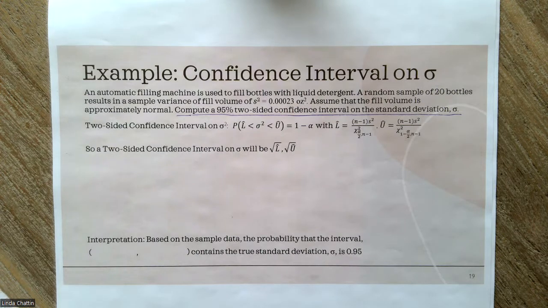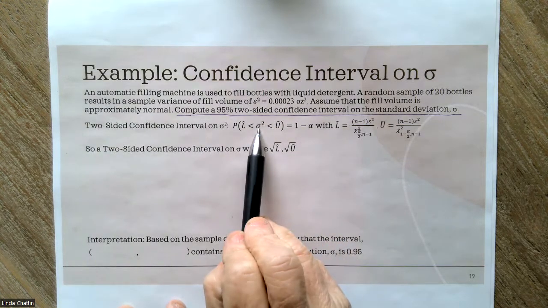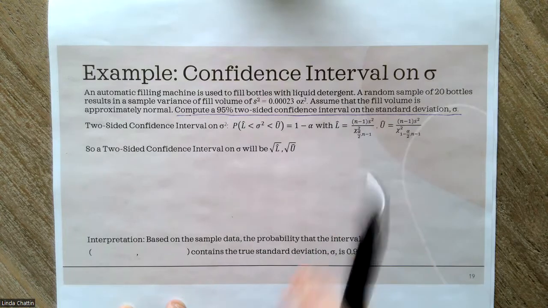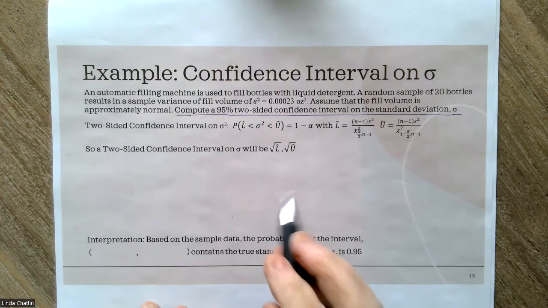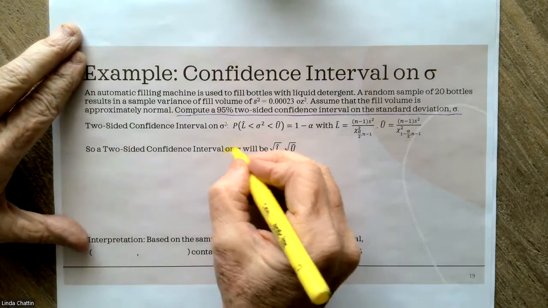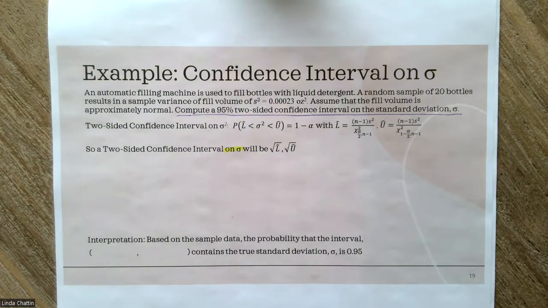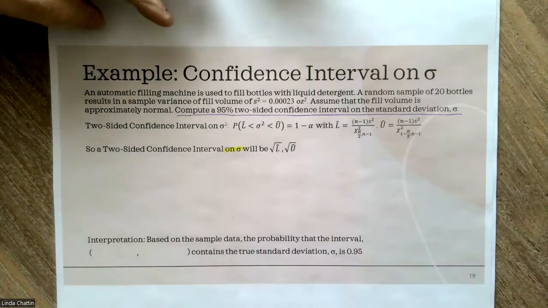Okay, so what we want here is a two-sided 95% confidence interval on the standard deviation sigma. I have formulas for the confidence interval on the variance, right here. But to get a two-sided interval on the standard deviation, I'm just going to take the square root of each of those values.